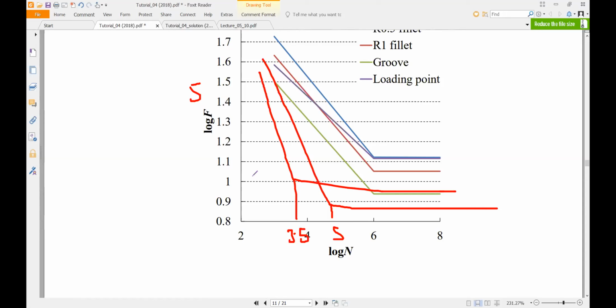Are we clear what I'm explaining? So this is not good. You will get this kind of curves if you plot. So you are in trouble there. You don't know which one you need to select. This will reach this number with this number of cycles, least SN. Are we clear? So don't use the one single SN equation.